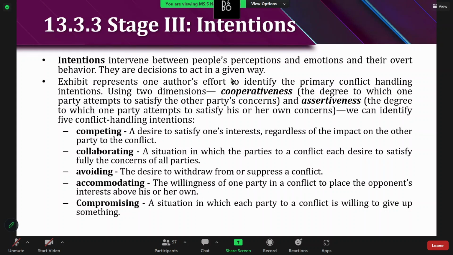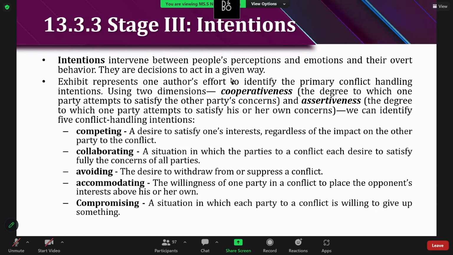Okay, so the exhibit represents one author's effort to identify the primary conflict handling intentions. We can identify five different conflict handling intentions based on two dimensions or two continuums. The first dimension is cooperativeness, which is the degree to which one party attempts to satisfy the other party's concern.